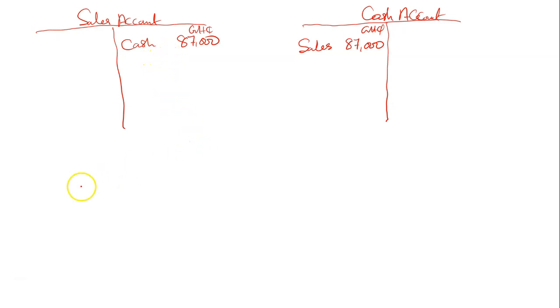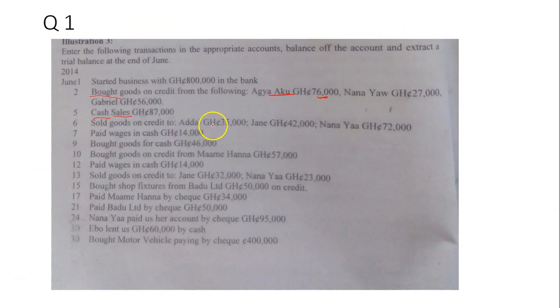So we just create Adai's account. So now you made sales. Adai is a debtor, so his account is increasing. So because it's a debtor, we debit Adai's account. And then we credit sales account.